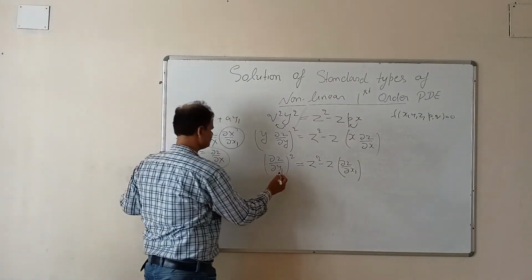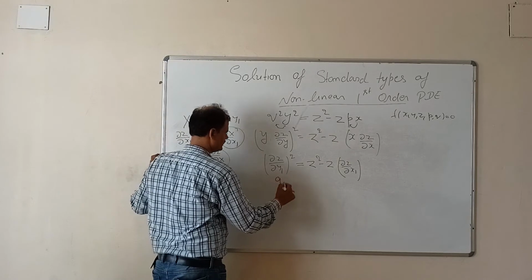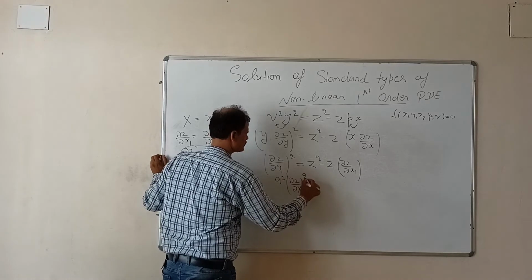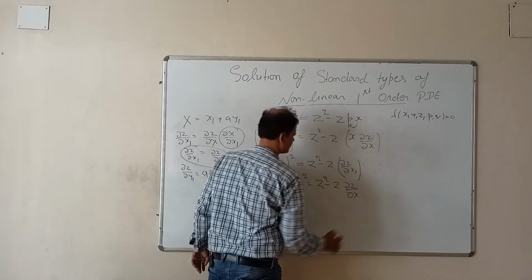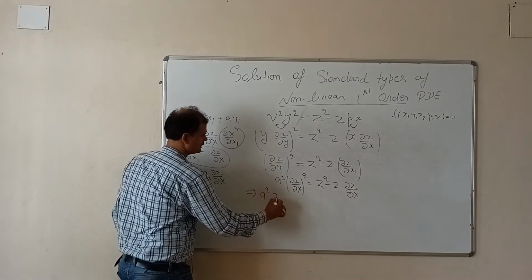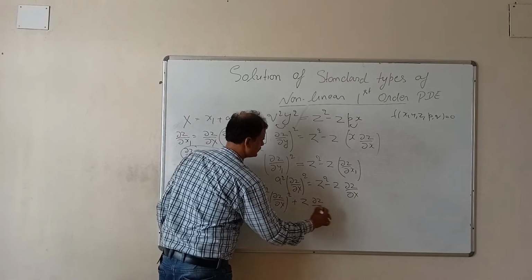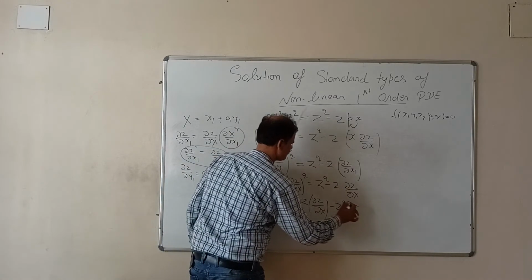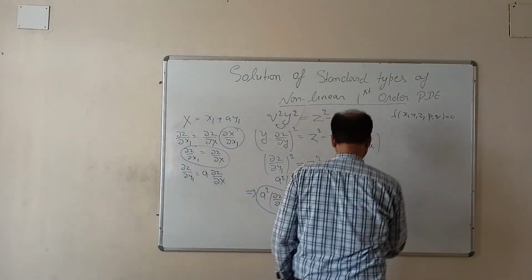So here we can write del z by del y1: a square del z by del X whole square equal to z square minus z times del z by del X. If you see carefully, this equation is a quadratic form in del z by del X: a square (del z by del X) square plus z del z by del X minus z square equal to 0. So we can solve for del z by del X.